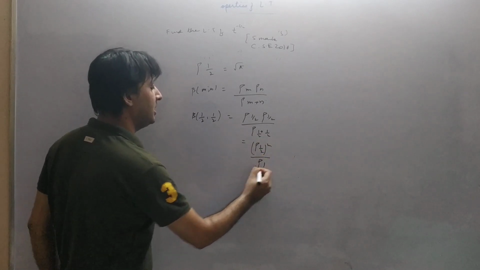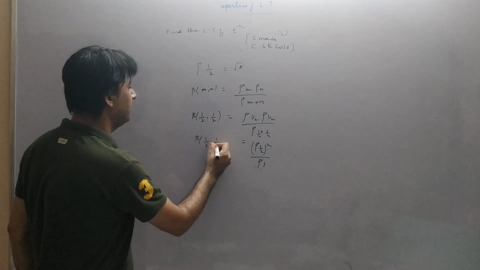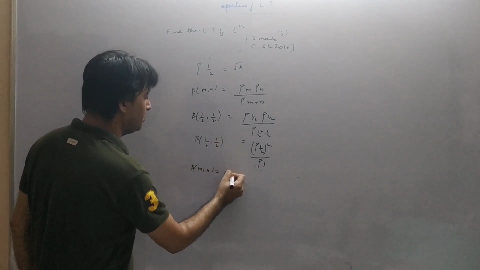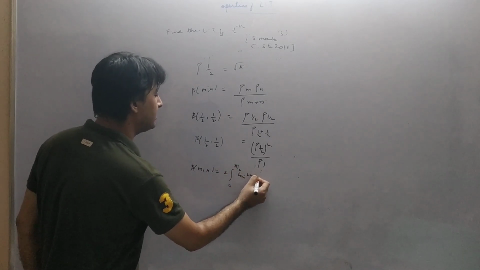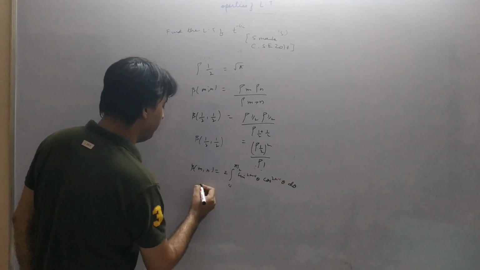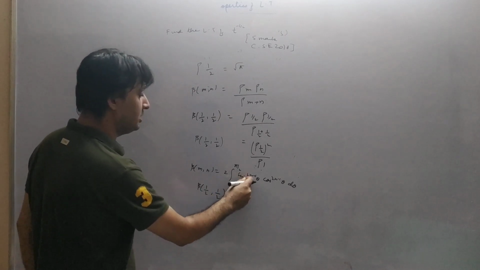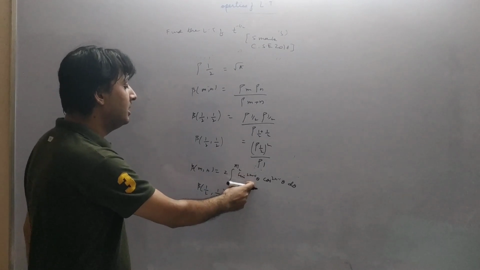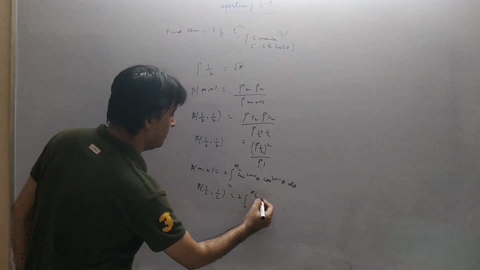Gamma 1 is 1 itself, and we have to find beta(half, half). We know that beta(m, n) is equal to 2 times the integral from 0 to pi by 2 of sine to the power 2m minus 1 theta cos to the power 2n minus 1 theta d theta. If we put half and half here, 2 into half is 1, 1 minus 1 is 0. So sine to the power 0 is 1, and similarly cos to the power 0 is 1.